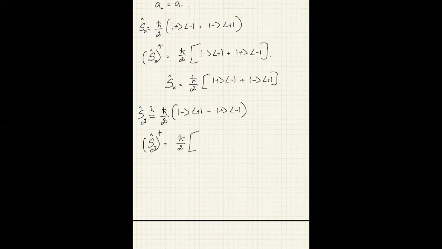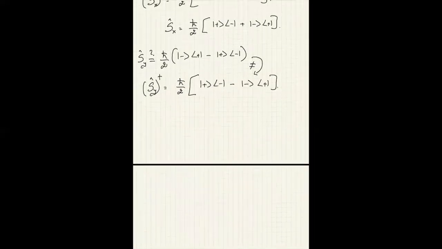The Hermitian conjugate of the first one is the second one, and the Hermitian conjugate of the second one is the first one. And you notice that this is not the same as this. In fact, the second equation is minus the first equation. So this suggests that if I multiply the entire thing by an i, then it would be a perfectly Hermitian operator.